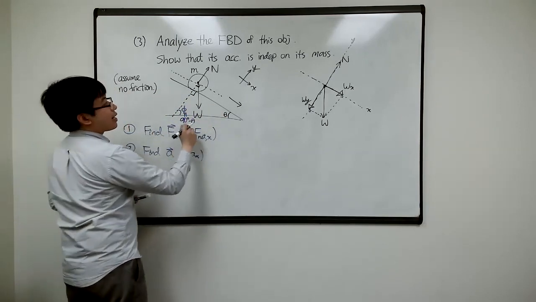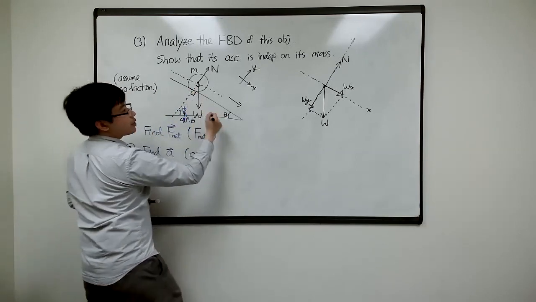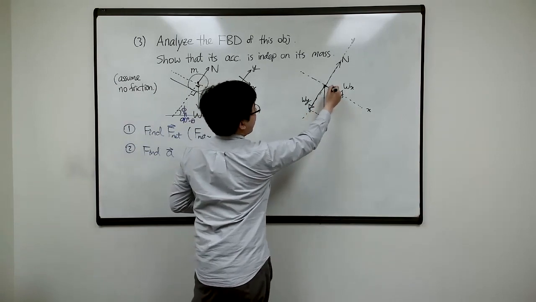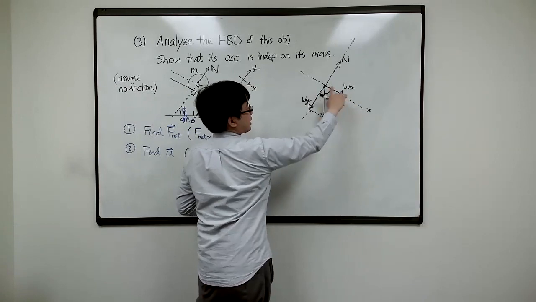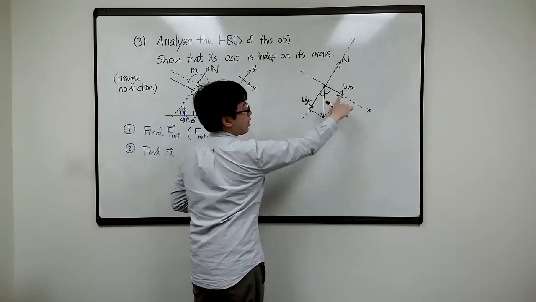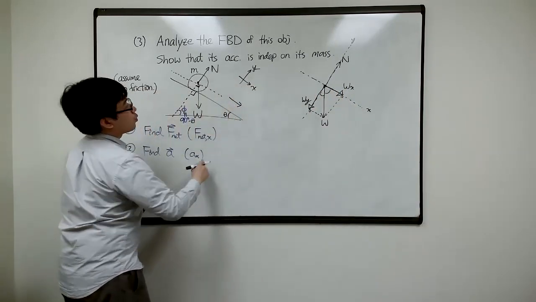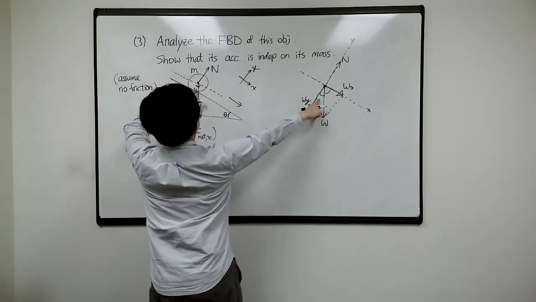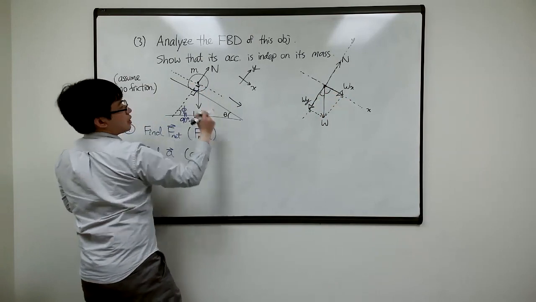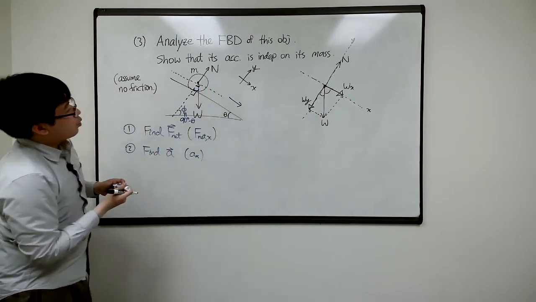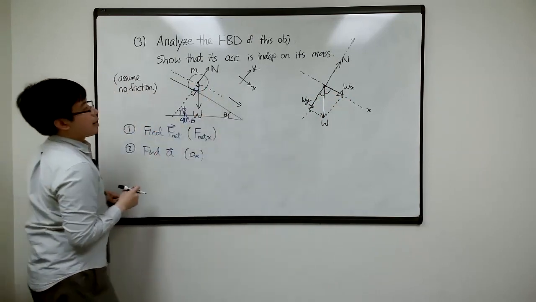Now what I really want is either this angle or this angle, so that I can create a tangent or sine cosine situation over here. Which one is easier to find?